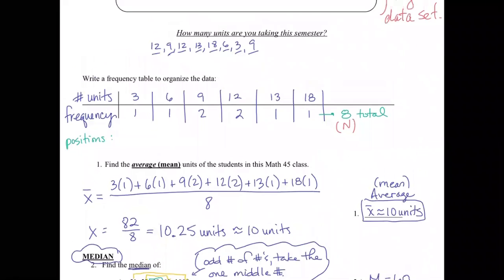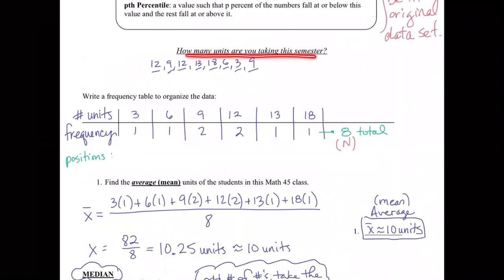So this is how many units. I think it's you guys, 8 people total. She asked how many units you're taking this semester, or maybe she just made up the data, I'm not sure.